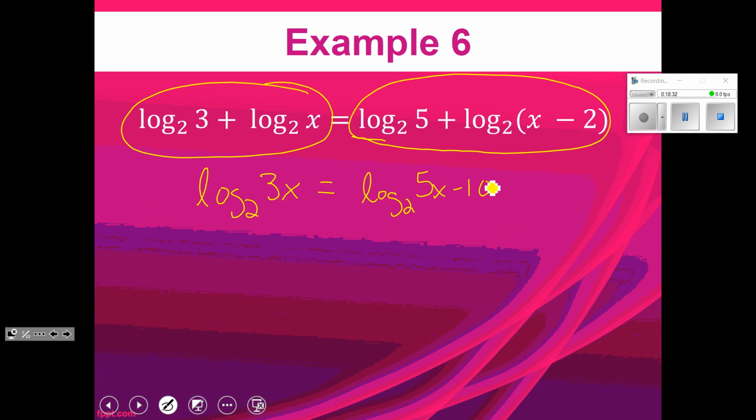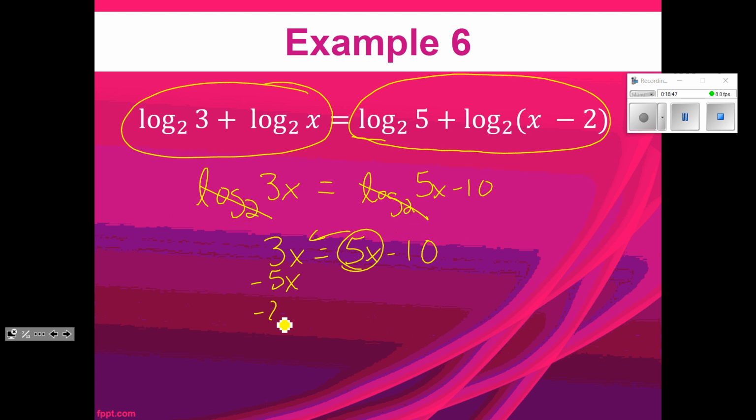You can cancel out these, and you can say 3x is equal to 5x minus 10, and now you can solve. Okay? It doesn't matter which way you go. I'm going to move this over and subtract 5x. So negative 2x is equal to negative 10. So what's x? 5.